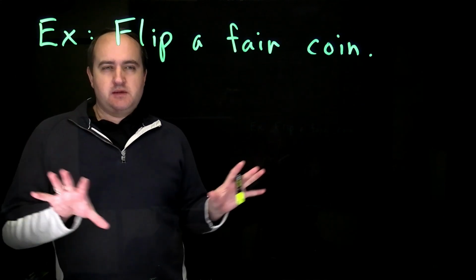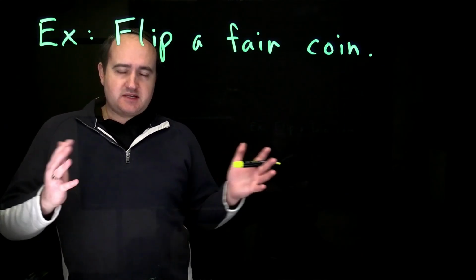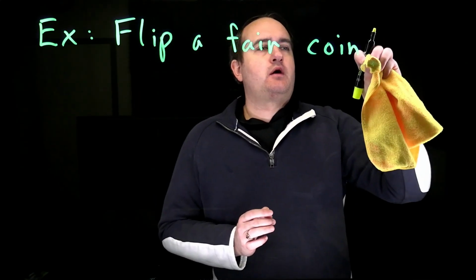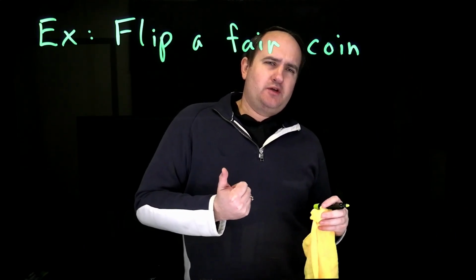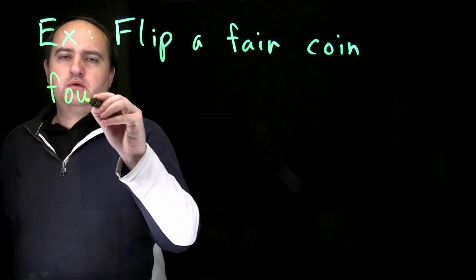And then in order to be a binomial probability distribution, let's say we flip a fair coin a certain number of times. So let's say we flip a fair coin a total of 4 times. Okay.